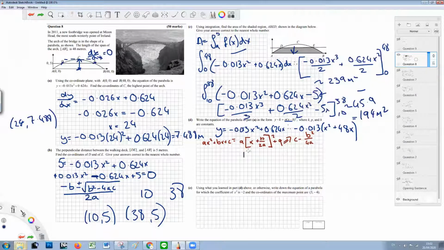So it's going to be 1 times x plus b, which is 48, all over 2, all squared, plus, and now c is 0, so that's going to be minus 48 squared, which is 576, all over 4a, 4 times 1, and that's going to be a minus.